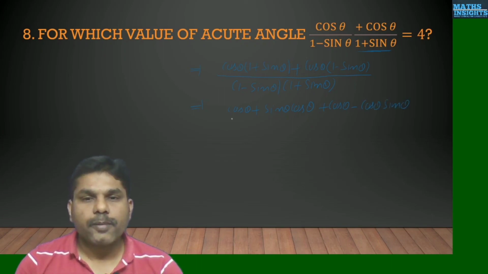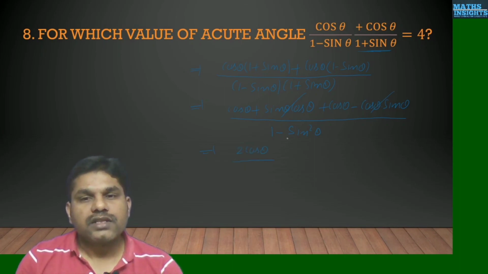If you observe the denominator, (a minus b) into (a plus b) becomes a square minus b square. 1 square is 1, minus sin square theta. The numerator: plus sin theta cos theta minus sin theta cos theta cancels, and becomes 2 cos theta. The denominator also becomes 1 minus sin square theta.